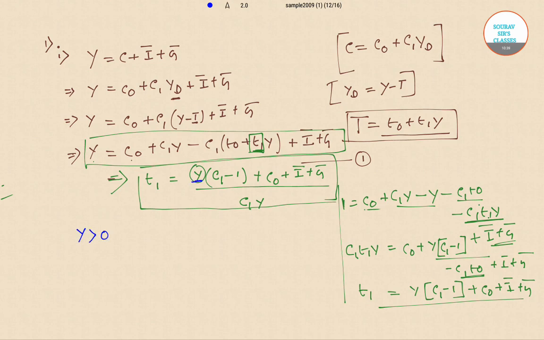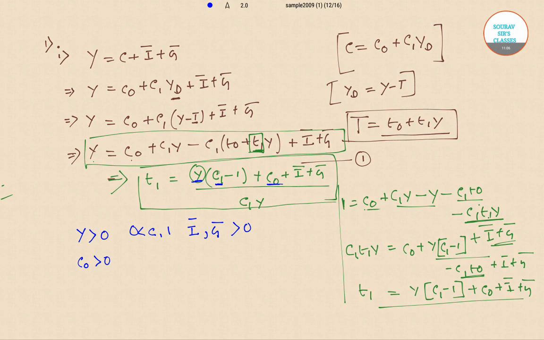Now we also know C0 is greater than 0, because it is already given in the question. We know C1 lies between 0 to 1. And I bar and G bar, which are exogenously given, they are both greater than 0.